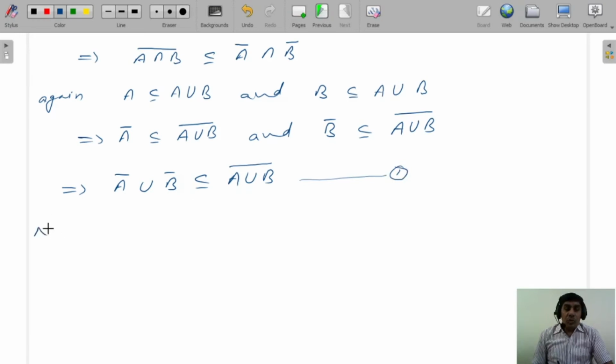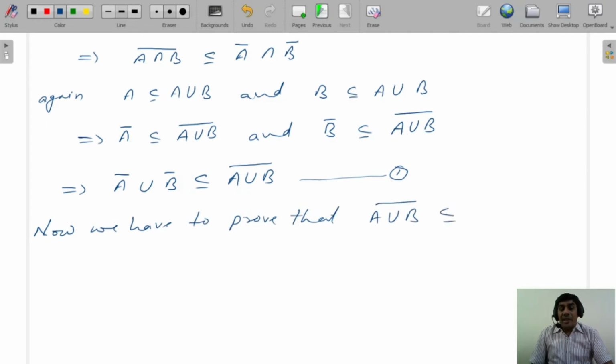Now we have to prove that closure of A union B is contained in A closure union B closure.